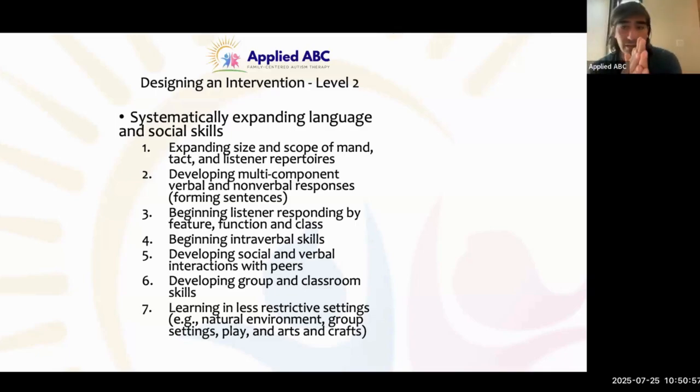If a kid is only doing things if they're told one-to-one, that's not as applicable. Again, it doesn't function in the same way as if they're able to respond when everyone in a group they belong to is told to do something. And learning in less restrictive settings. So yeah, more doing arts and crafts activities, doing things on the playground, etc.